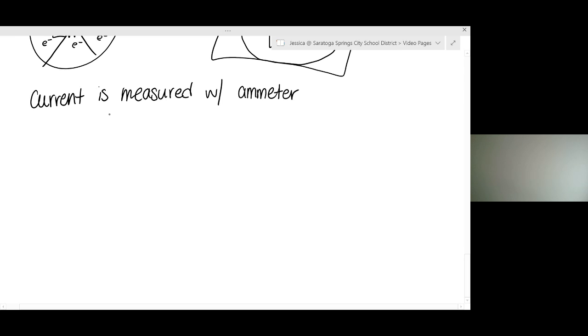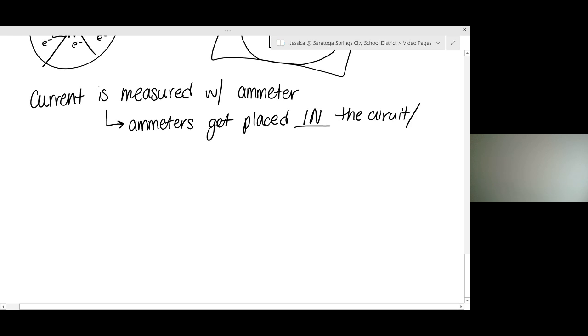And because we actually have to have the current flow through the ammeter to measure current, these ammeters get placed in the circuit or branch that they need to measure.